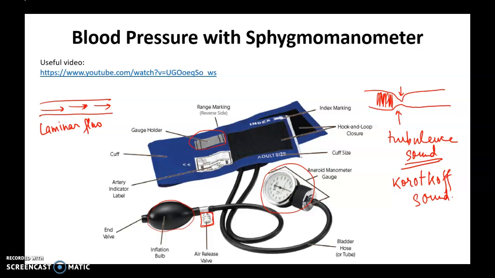Now you gently release the pressure. As you release the pressure, the blood tries to pass forcefully, and that causes turbulence, and we hear the first Korotkov sound, and that sound is called our systolic sound. So that's the systolic sound that we hear.